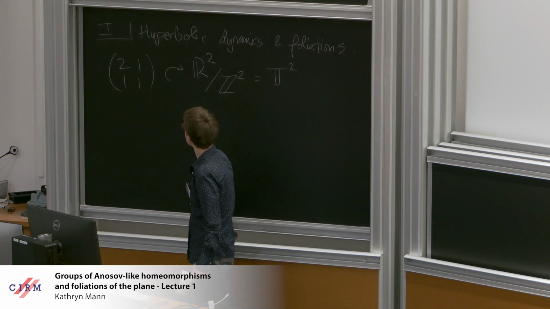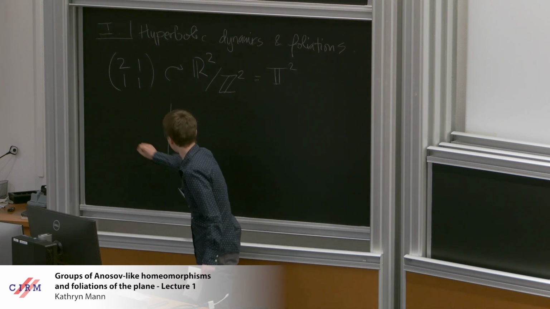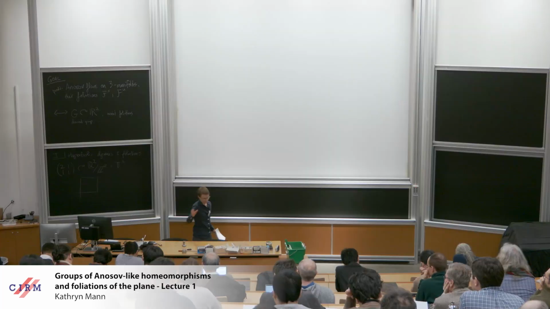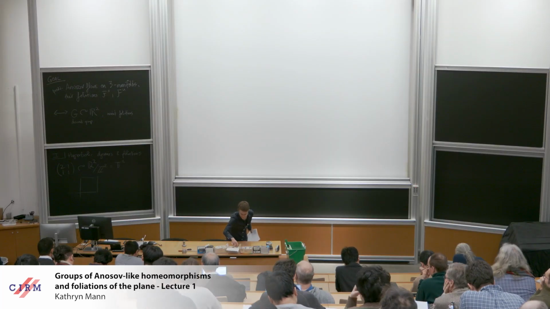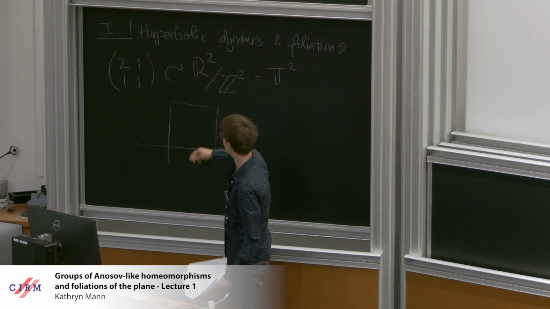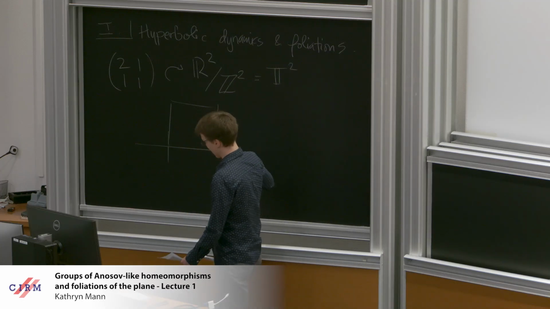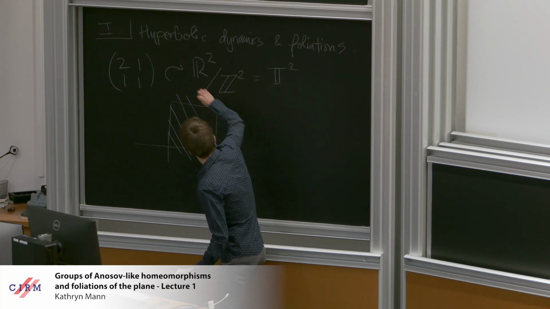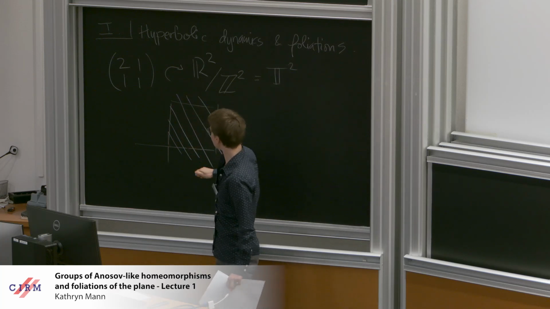So if I draw a picture, here's the plane. And here's a fundamental domain for the torus. There are two invariant directions, the eigendirections for this map. One is contracted under iteration.